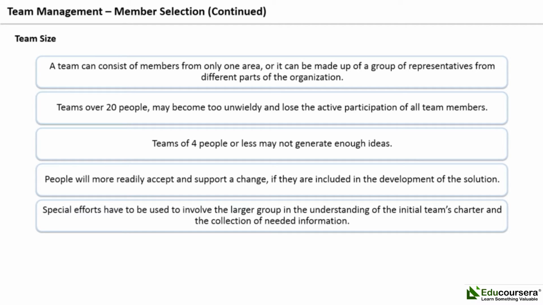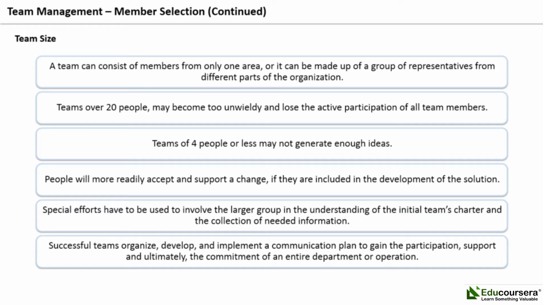Input and ideas should be sought from the larger group as the solution set is developed. Successful teams organise, develop and implement a communication plan to gain the participation, support and ultimately the commitment of an entire department or operation.